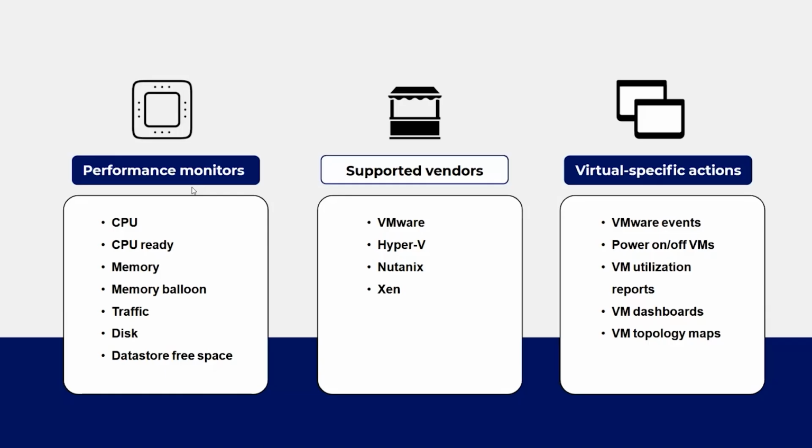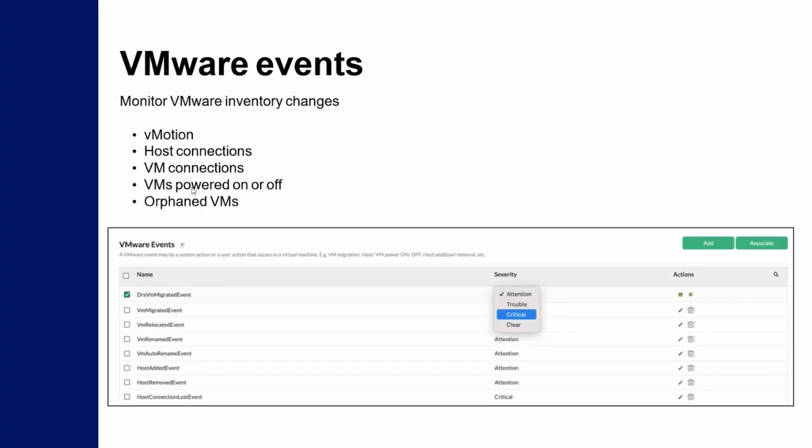There will also be a lot of events happening at your virtualization level. In case your VMs are powered on or powered off, you can get the complete details. And obviously, you will also get dedicated dashboards for your VM devices as well as VM topology maps as well. So let me take you to the product and show you how to access all these things.